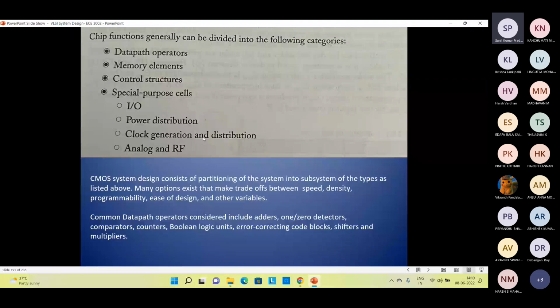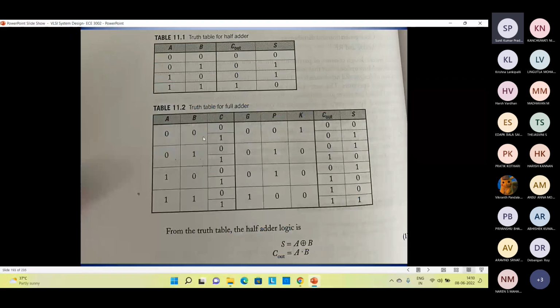We have also discussed how CMOS system designs are partitioned into different types, which we generally categorize as data path operators, memory elements, control structures, and special purpose cells that include input/output, power distribution, clock generation and distribution, analog and RF.